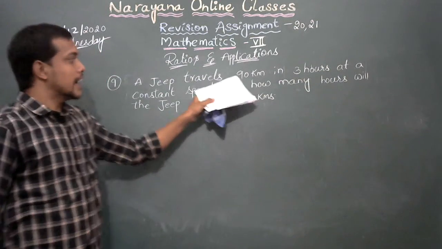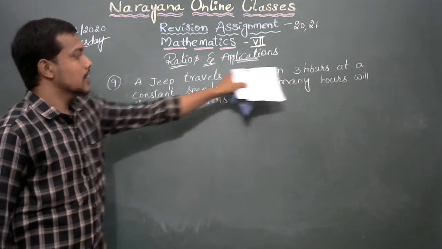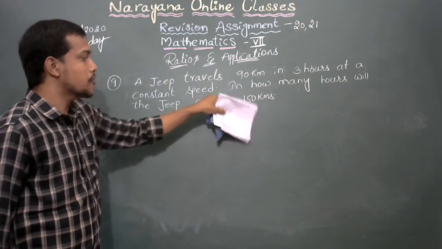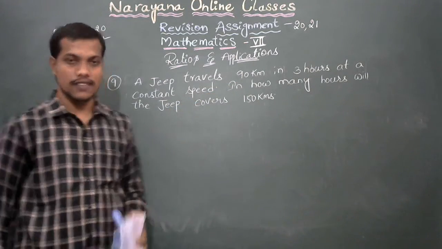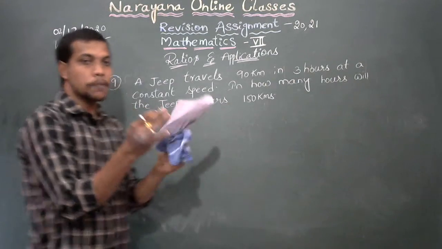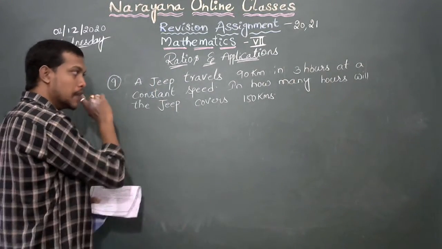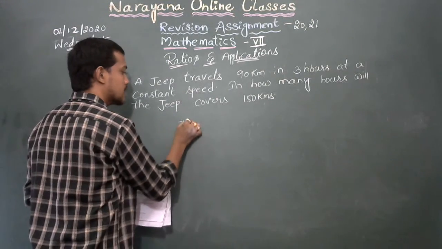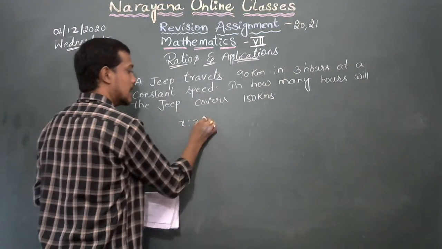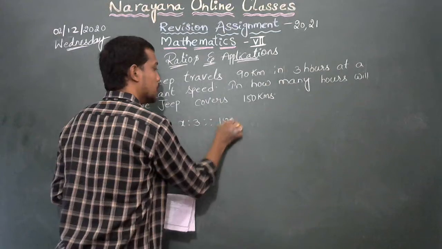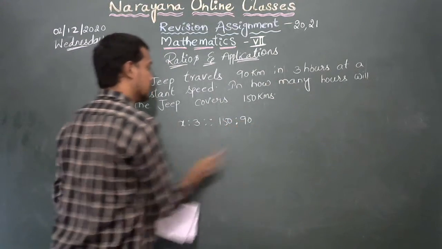So here 90 kilometers in 3 hours, then we need to find 150 kilometers in how many hours? So hours should be on one side, kilometers on one side. So x is to 3 as 150 is to 90.